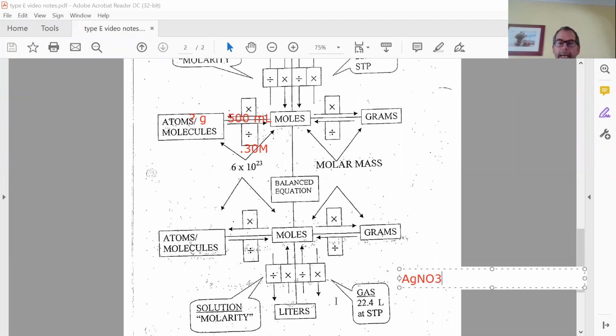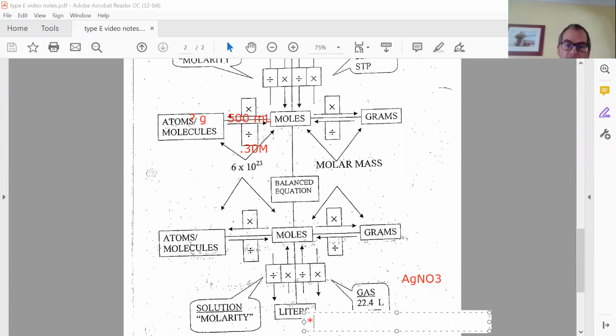And what do we know about AgNO3? I think we know the liters. So I'm going to put a little asterisk there because we know that. We also know the molarity. So I'm going to know that right there too.